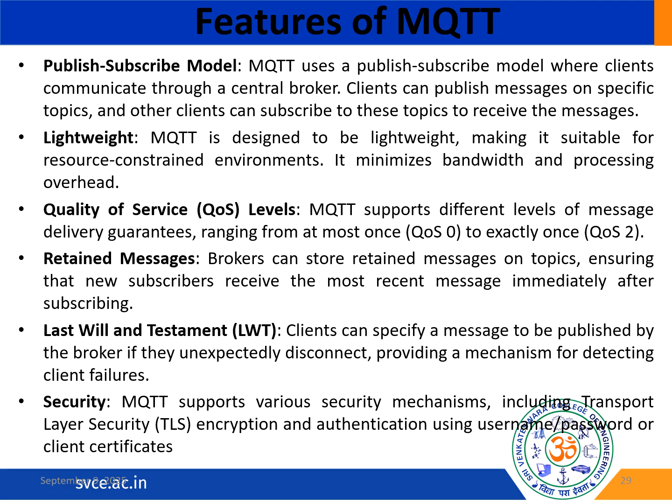QoS 0 represents at most once, no guarantee of delivery. QoS 1 represents at least once, which ensures message delivery but may result in duplicates. QoS 2 represents exactly once, which guarantees single reliable delivery. So we have the quality of service and we have levels for that.